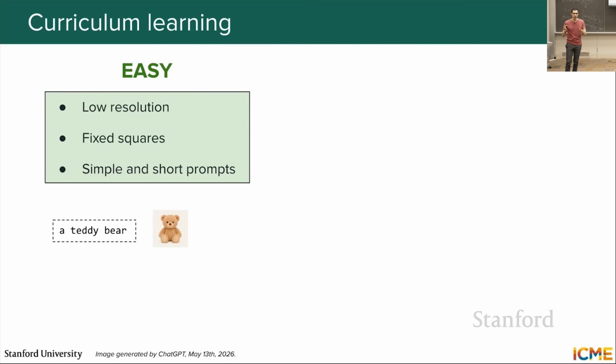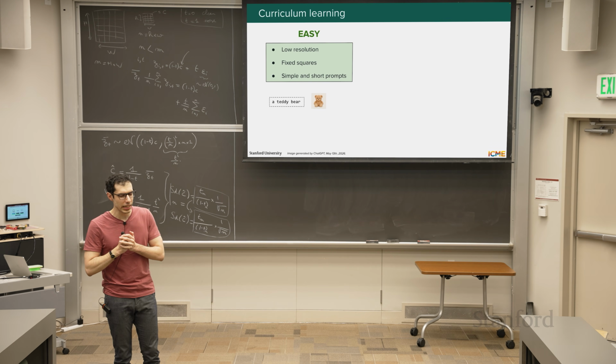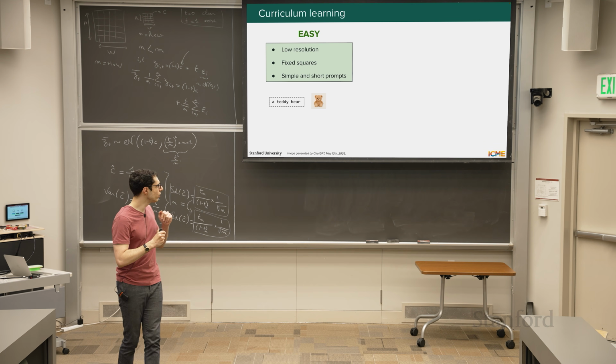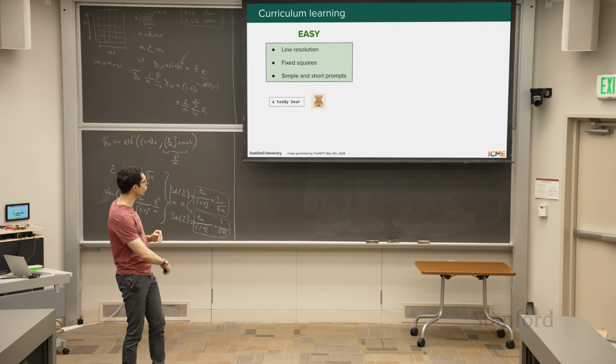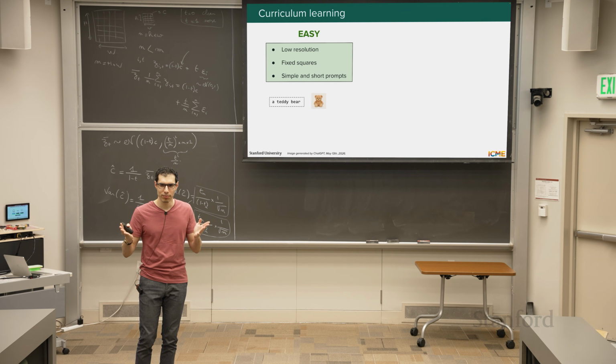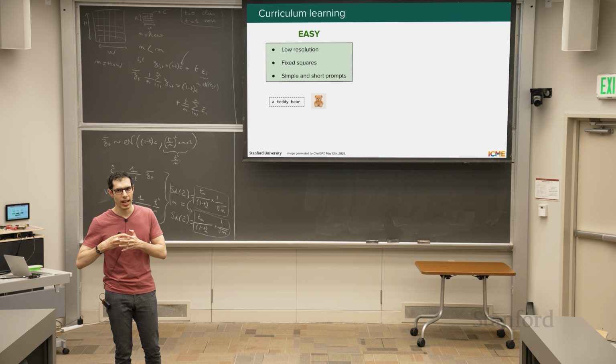There is a concept that I want to talk to you about, which is called curriculum learning, which is about teaching your model things in a progressive manner on the scale of difficulty. In other words, we want to teach our model the easy things before the hard things. This is a practice that people typically do, as it helps the model learn better.